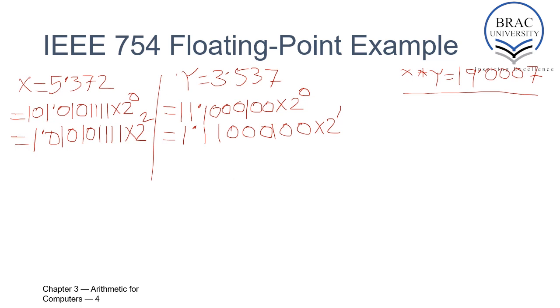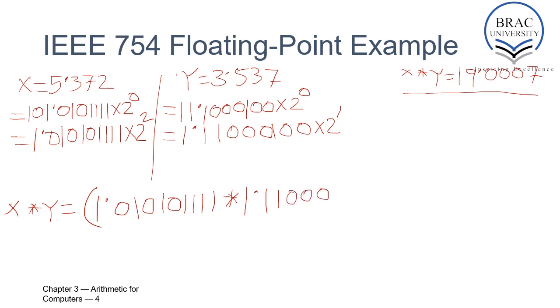So the multiplication of x multiplied by y would be 1.01010123 multiplied by 1.11000100 into 2 to the power 3.